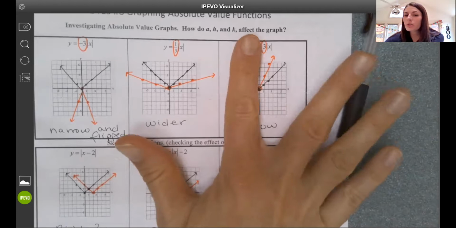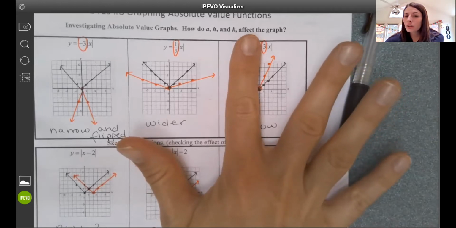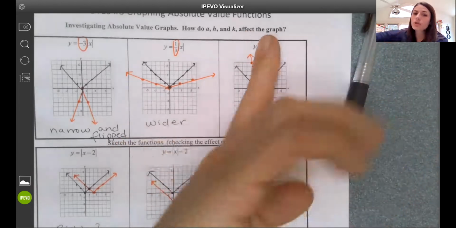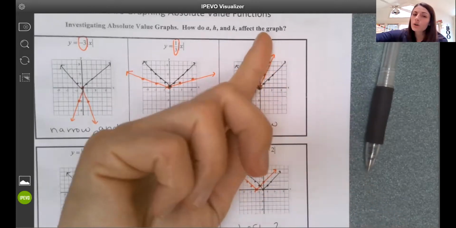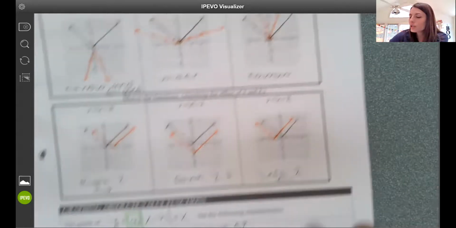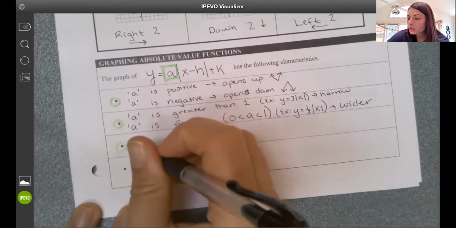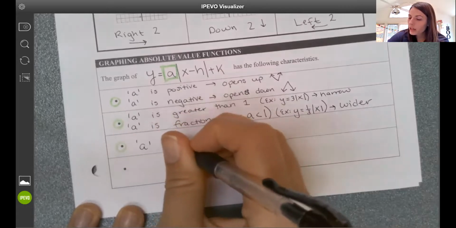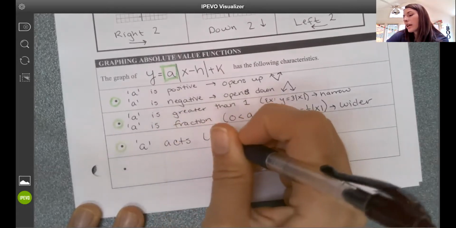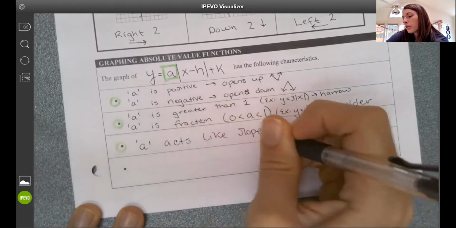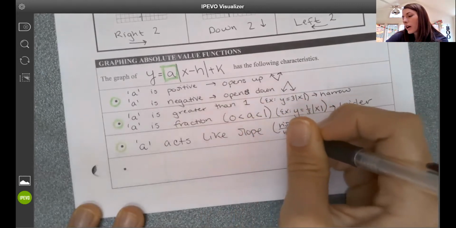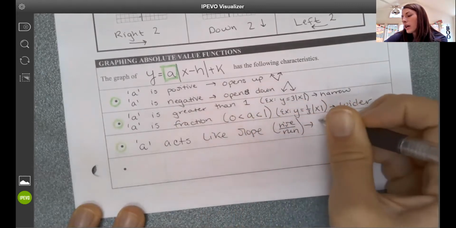And what happens, that's on the right side of the graph. And what happens is it's symmetrical over that. It's flipping over. But we can use a like slope, where we can talk about rise over run.